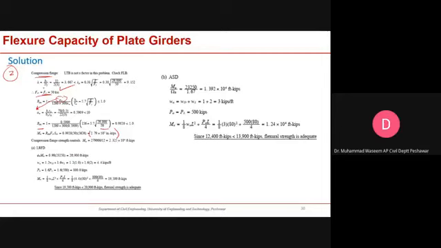Now you have to see that it has not considered LTB, but it should have considered it.